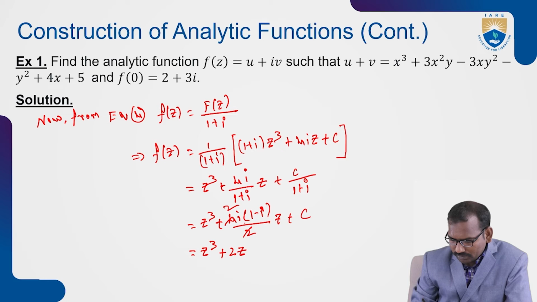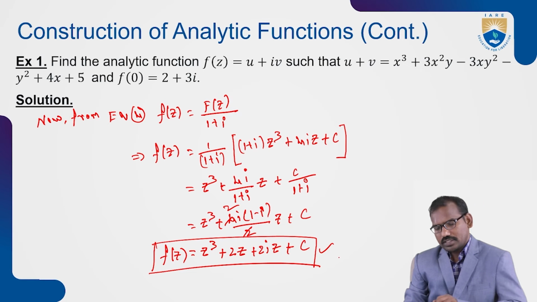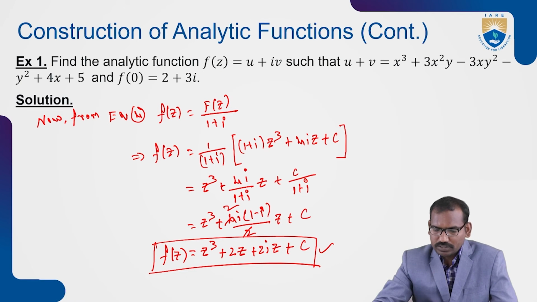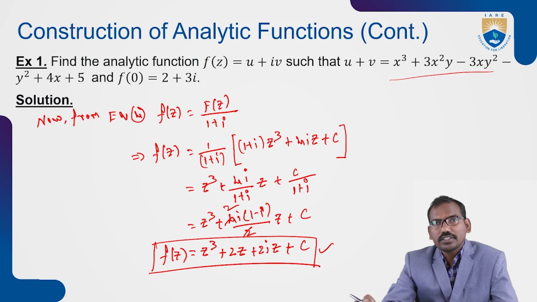Next you will have plus 2iz, plus c. This is the required solution. For this function, the sum of real and imaginary part will be this one. So this one we calculated with the help of the Milne-Thomson method.